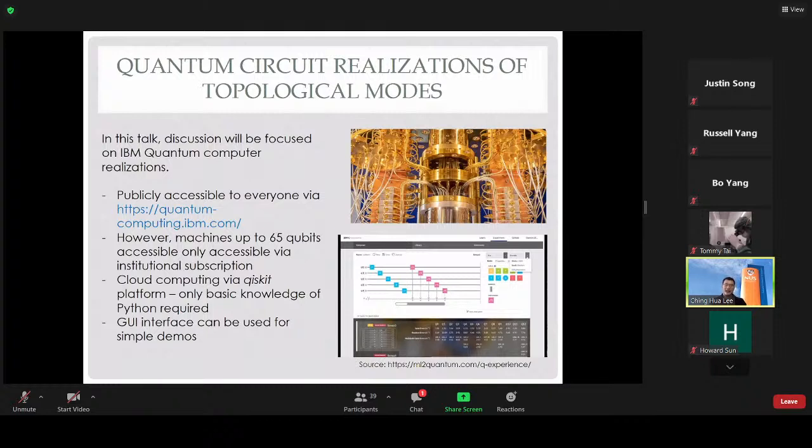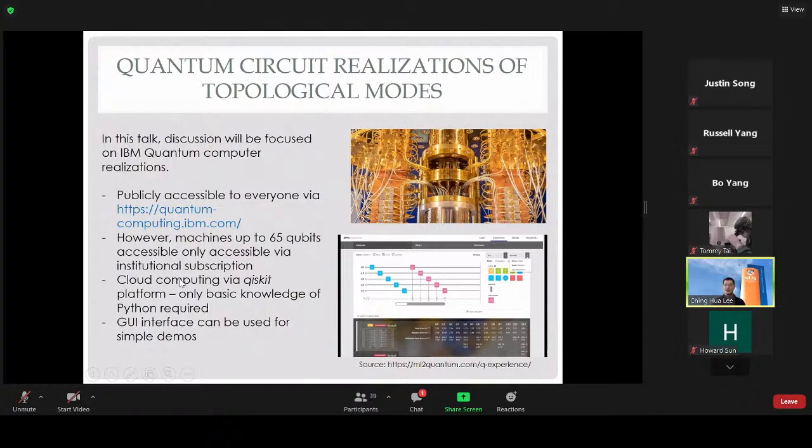So anyway, for those of you who are not familiar with quantum computation, in the last few years there have been a few different publicly accessible quantum computing platforms. We chose the IBM platform because it's the most accessible to us. In fact, it's accessible to everyone, to the public, through this website.